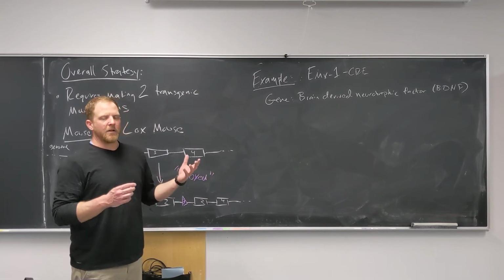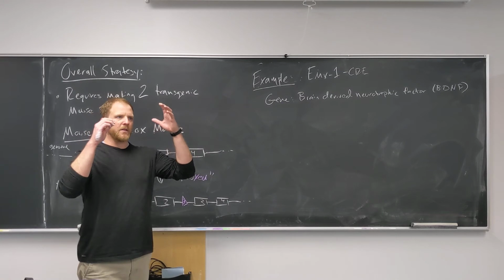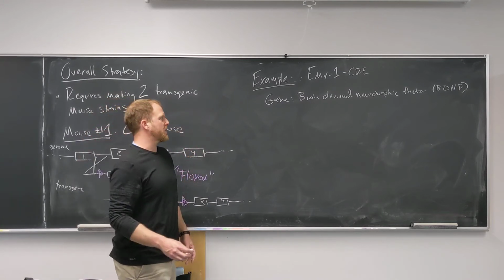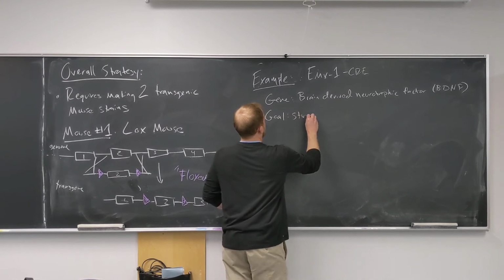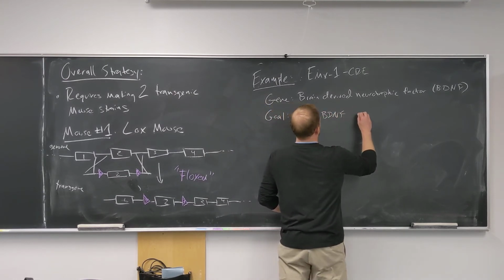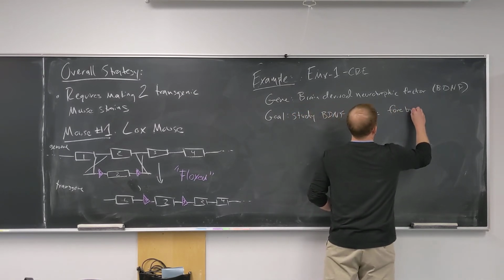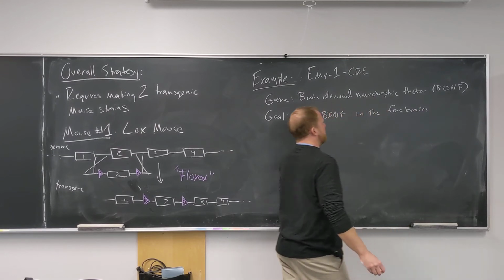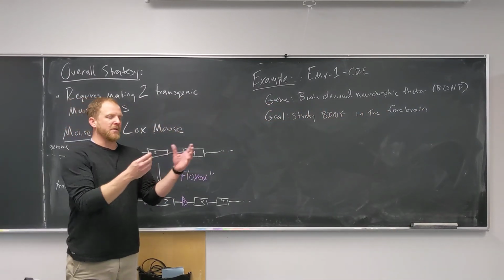We were particularly interested in studying the role of BDNF in the brain, specifically within the cortex and the hippocampus. So we wanted to study BDNF in a region called the forebrain. Before I got in the lab, they did all the groundwork of establishing this system.